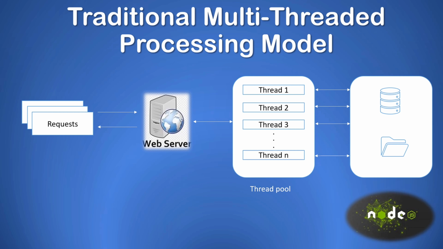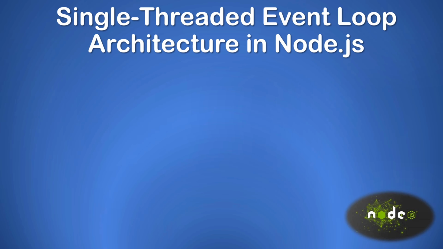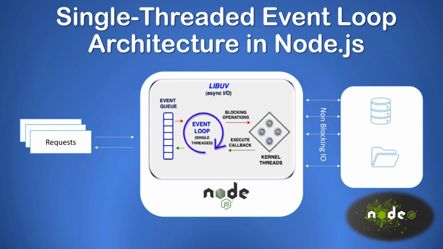Next, I'm going to explain how the Node.js single-threaded model works. As I told you, Node.js works on an event loop architecture. Here is the architecture view of our Node.js server and the requests which come from the users.